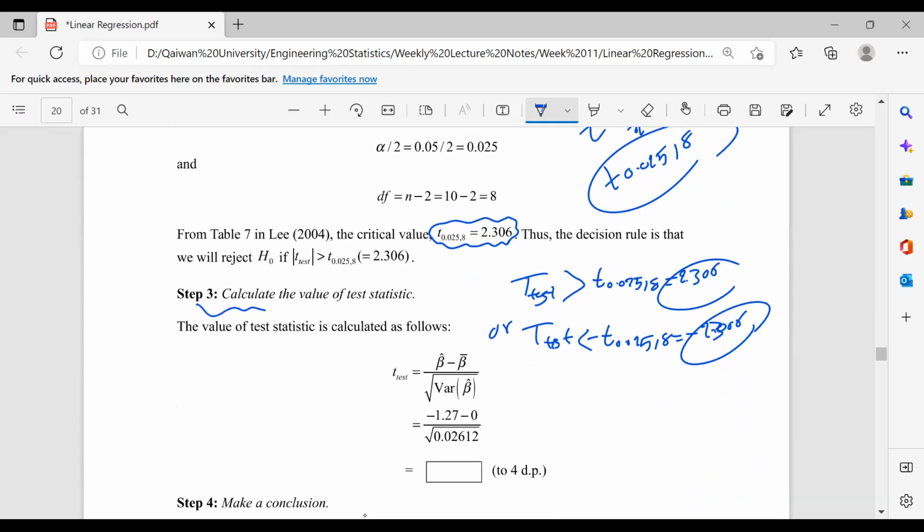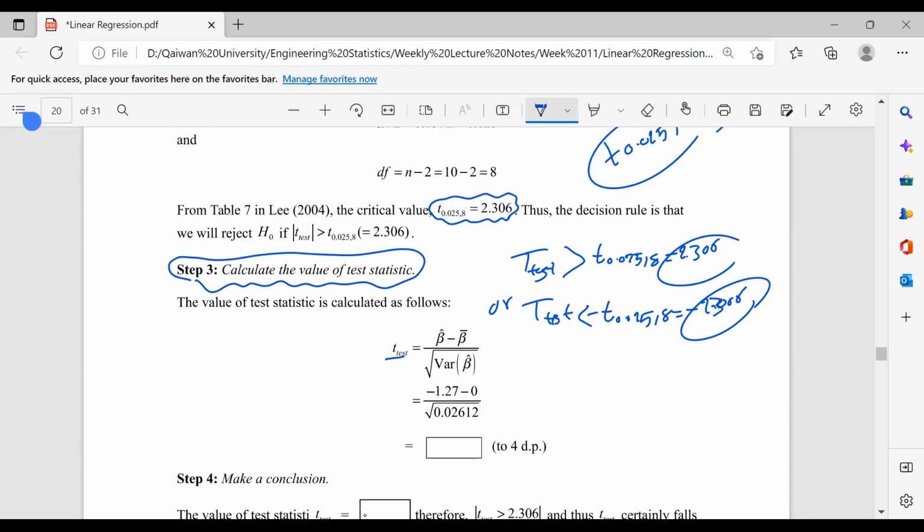Then we calculate the value of the test statistic. Now we find the t-test. Look, the t-test is beta hat minus beta bar, divided by the standard error of beta hat. Beta bar is 0, okay?